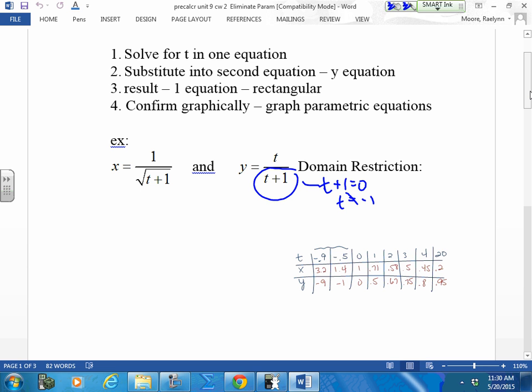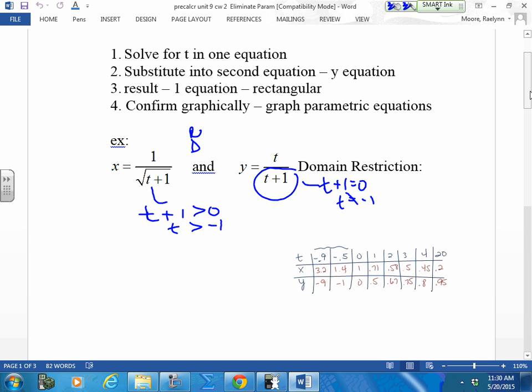A radical says this has to be greater than or equal to 0. It has to be a positive number that ends up in the radical. But because it's in the denominator, it can't be 0 as well. So we set this greater than 0, and t is going to be greater than -1.